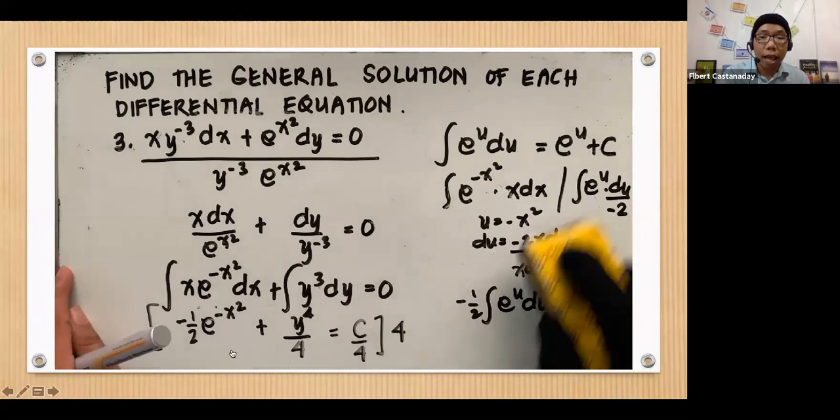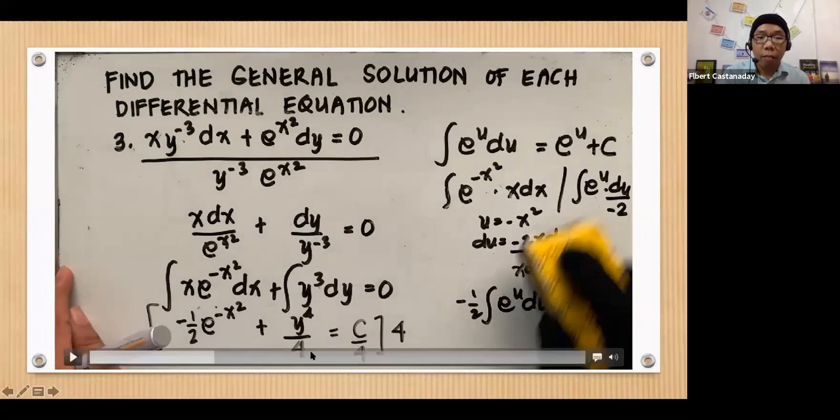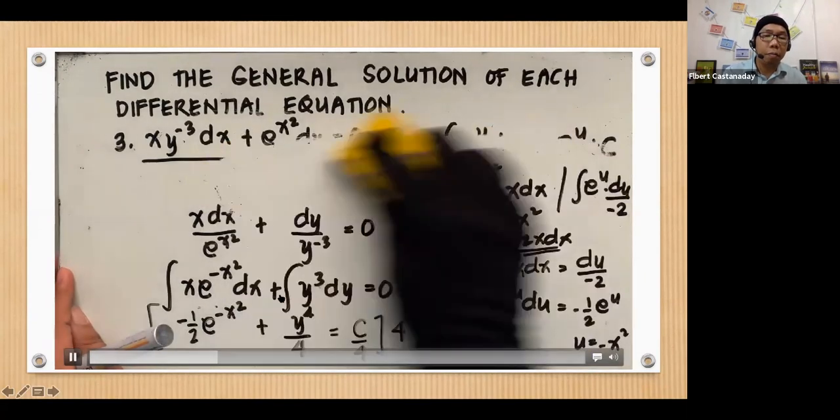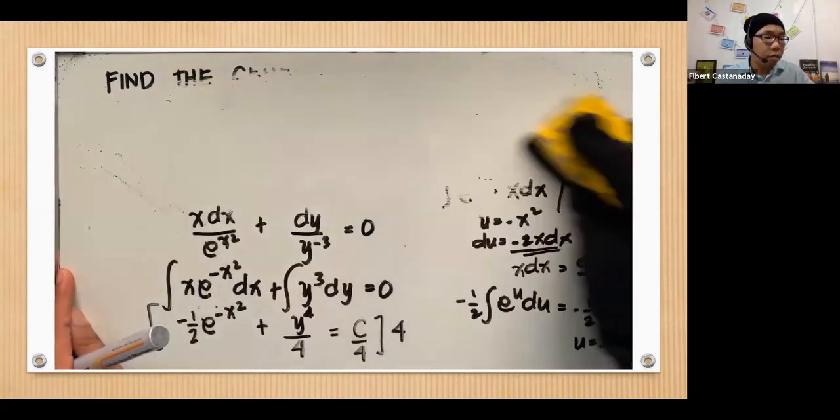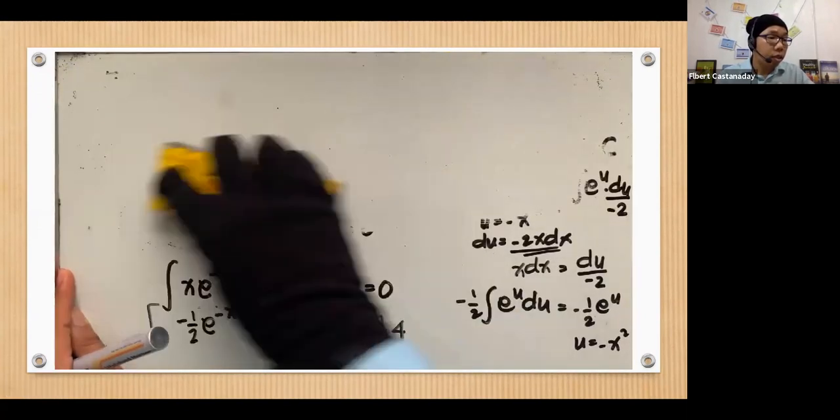I have prioritized simplifying the y function. The y function here has a denominator of 4, so I have based my simplification on the function of y. That's why I have put c over 4, to remove the 4 in this entire equation. So multiplying both sides by 4 will give me, let's just wait for a moment.